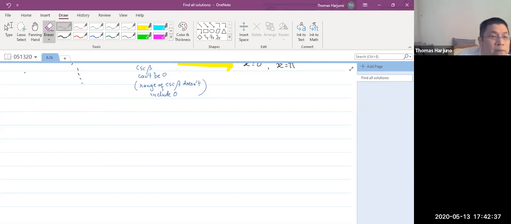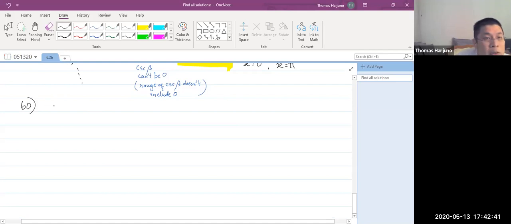My bad, number 60: cosine theta minus sine theta equals 1. That number 56, the one I wrote earlier, I cancel it because it's actually an easy question.